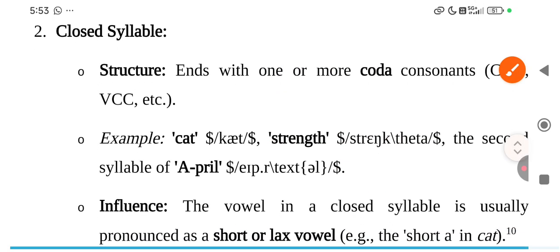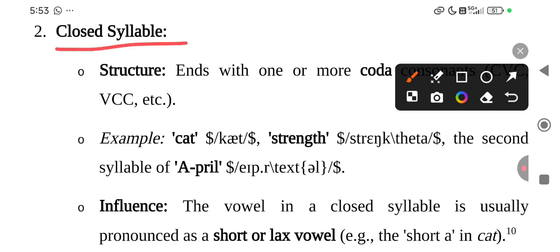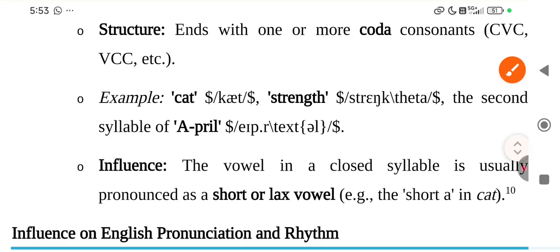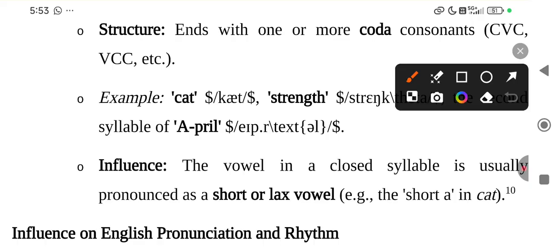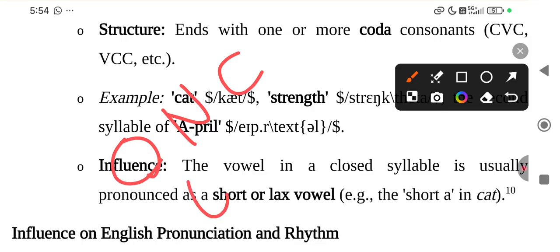Just opposite of the open syllable, the next category is the closed syllable. A closed syllable ends with one or more codas. Let me tell you, sorry, I forgot to tell you at the beginning, the structure of a syllable: onset, nucleus, and coda.